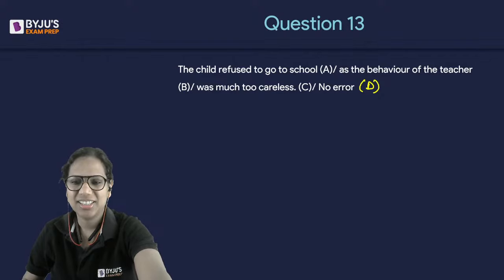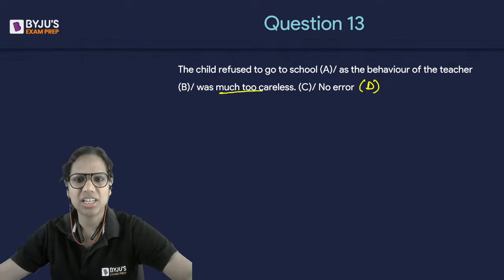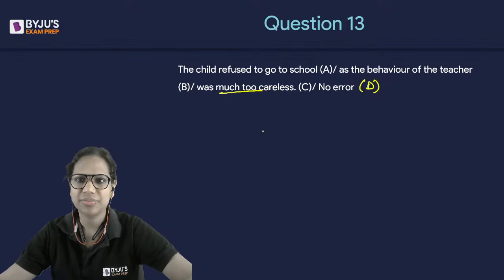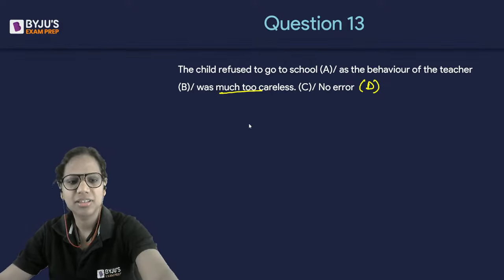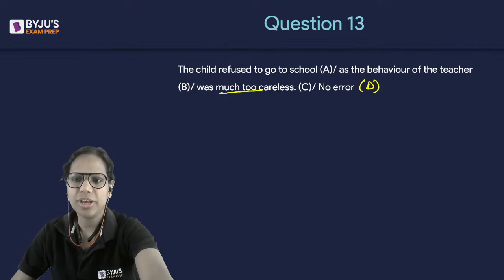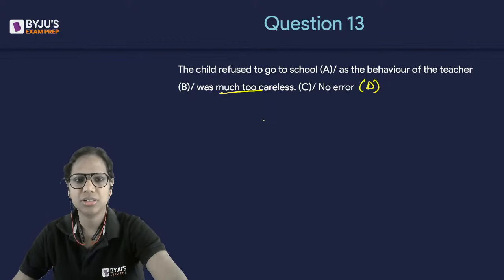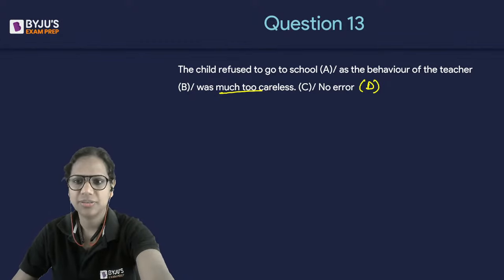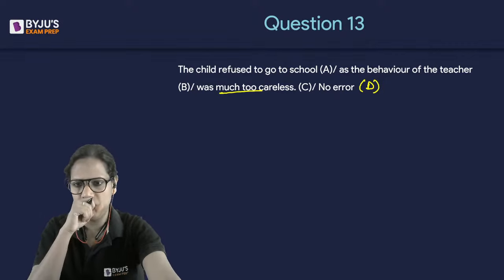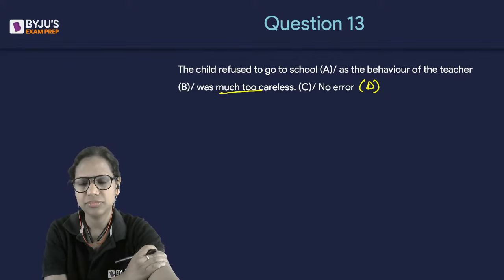Okay. Is this correct? Much too careless. Those who are saying no error, is this a correct expression? Yes. What does it mean then? I think it should be too much and not much too. What do you say?